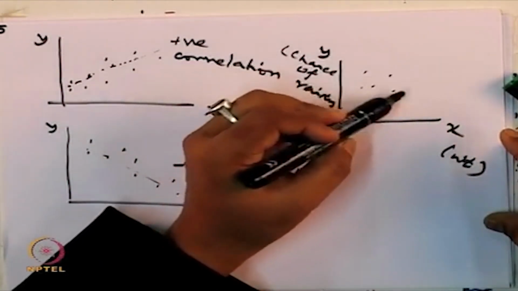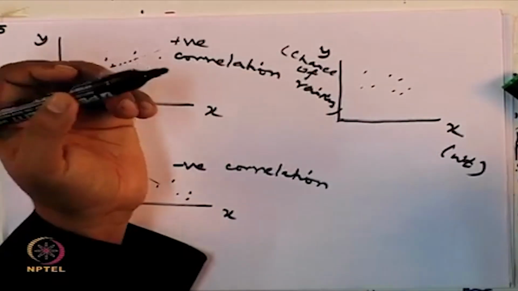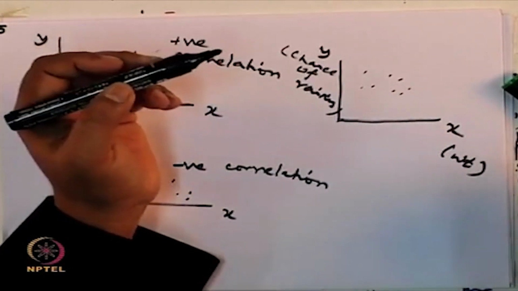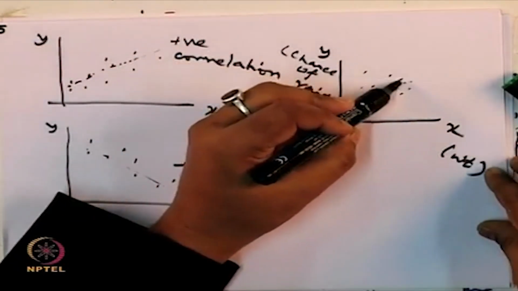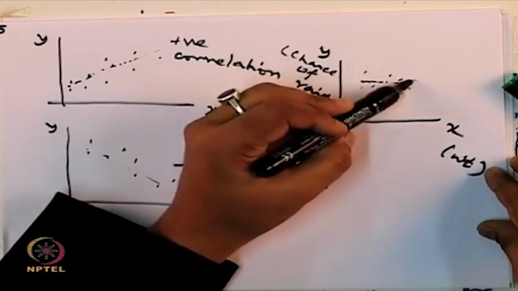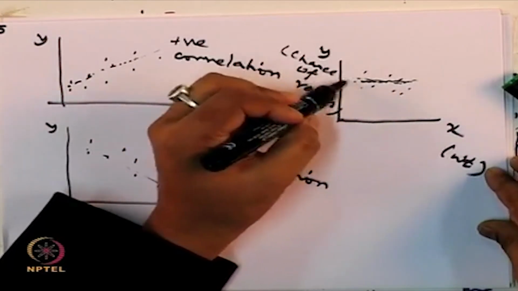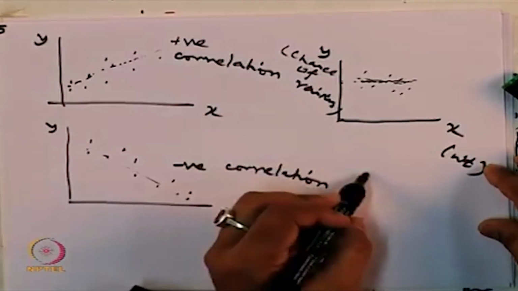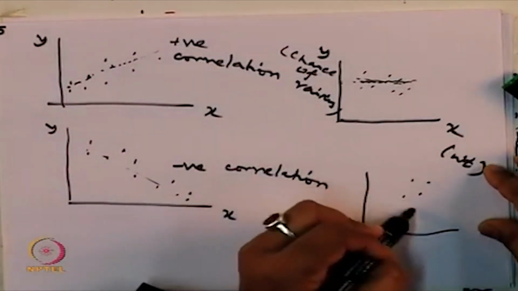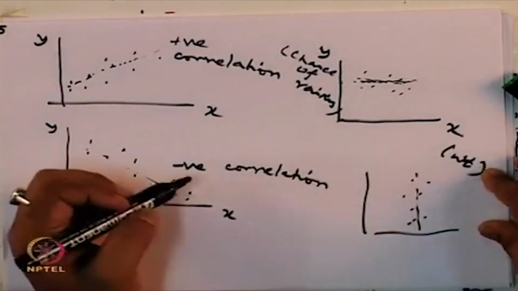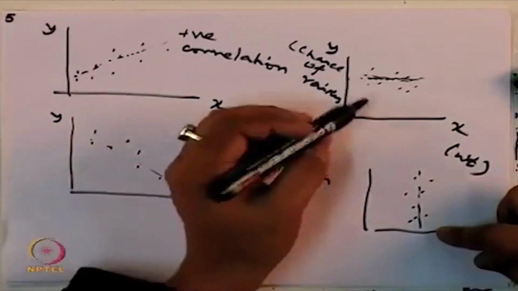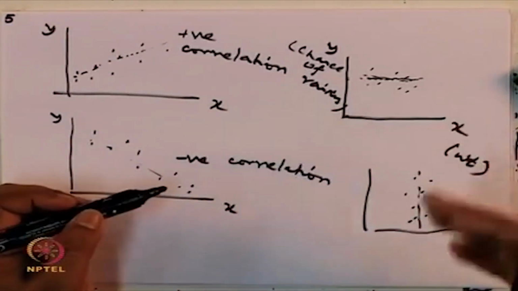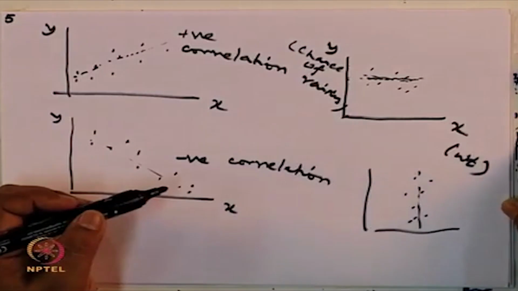We can clearly see that there is expected to be no correlation between these two curves. In that case, if I draw a line, it will almost look horizontal, or in some other case it might look completely vertical. So these are cases where there is no correlation between x and y.